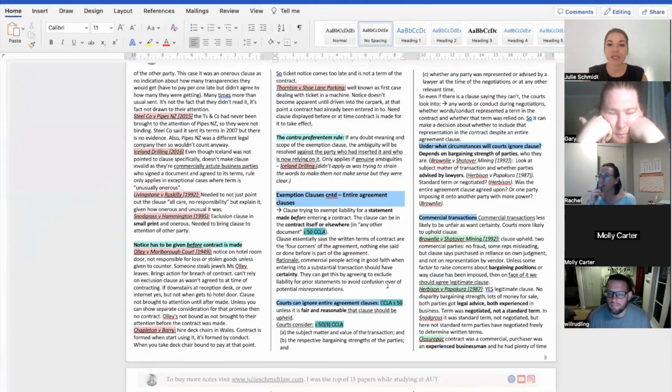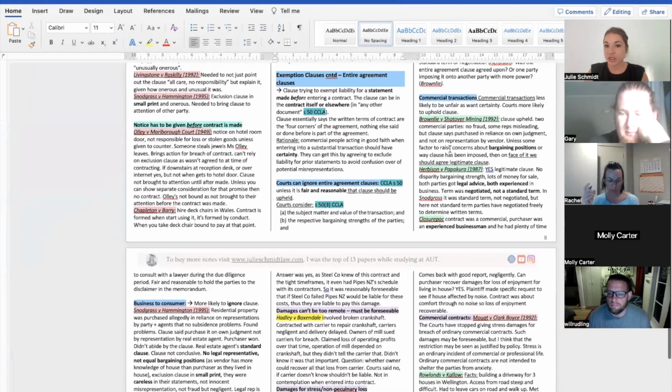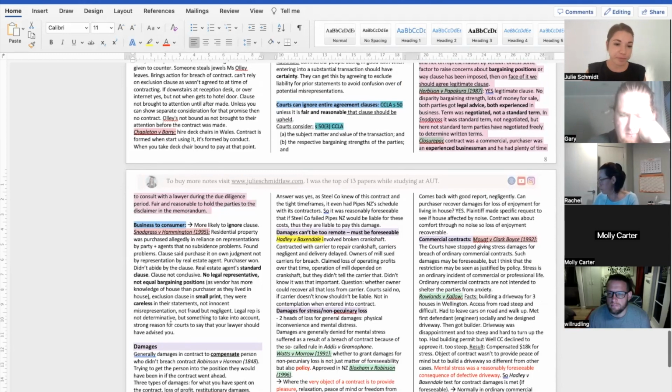I'll just say it because we've run out of time. There's potential because she's not a big business making a business to business transaction. She's a consumer. We don't know how naive she is or how experienced she is, so we can't comment on that. But this case, Snodgrass and Hamilton, has similar facts.